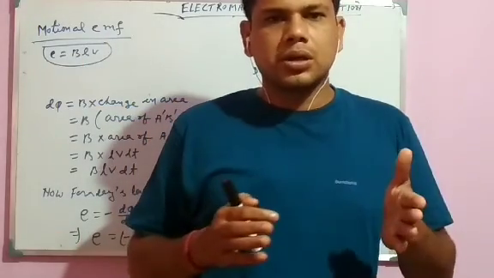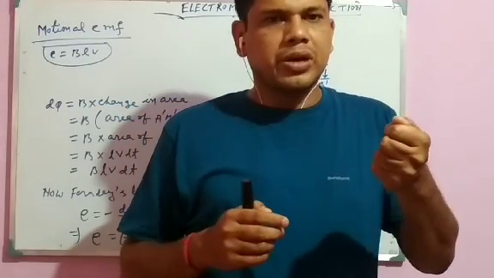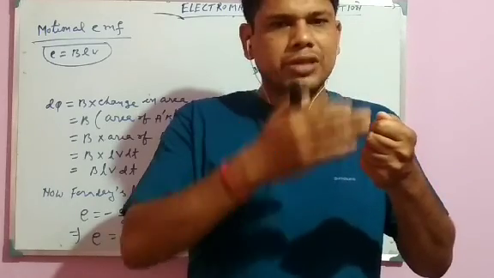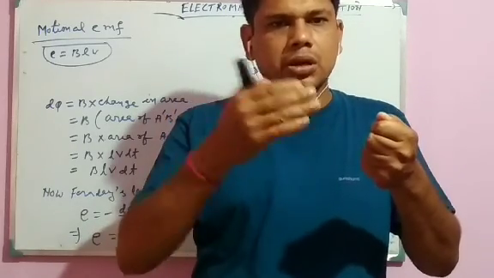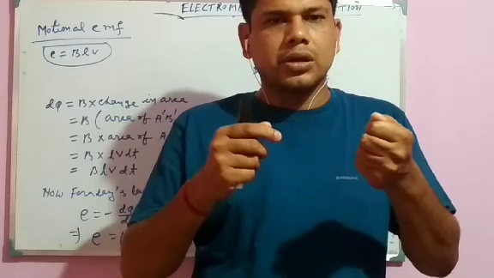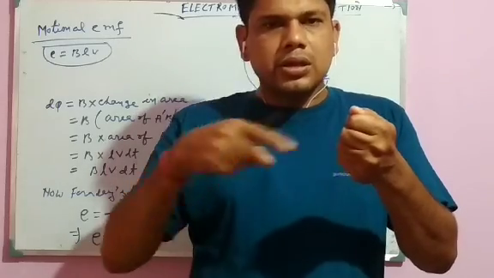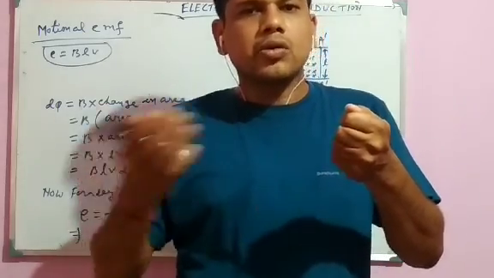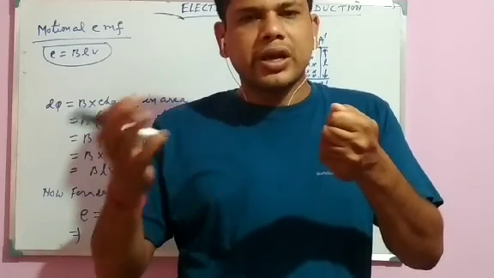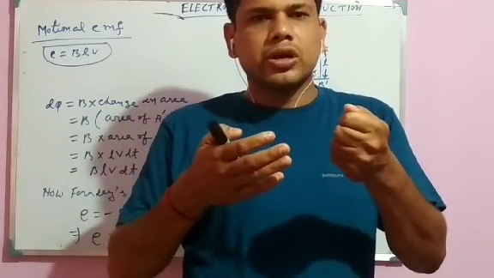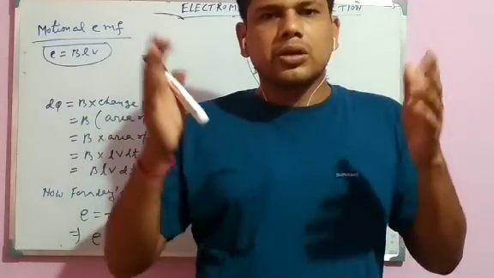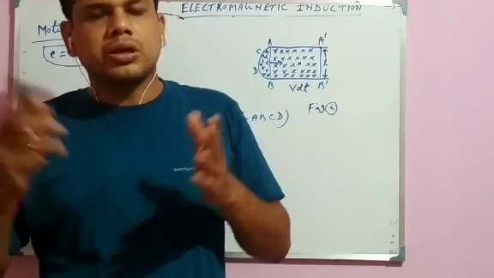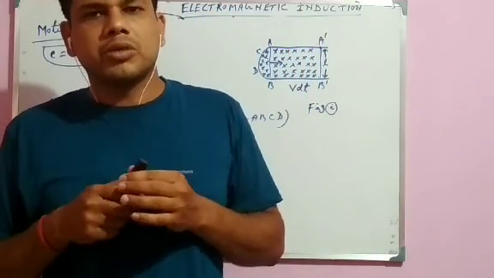When a conductor is moving with some velocity, and the direction of the velocity vector and the direction of the length of the conductor are perpendicular to the direction of the magnetic field, then an induced EMF or current will be produced. As the induced EMF and current are produced due to the motion of the conductor, this type of induced EMF is called motional EMF.